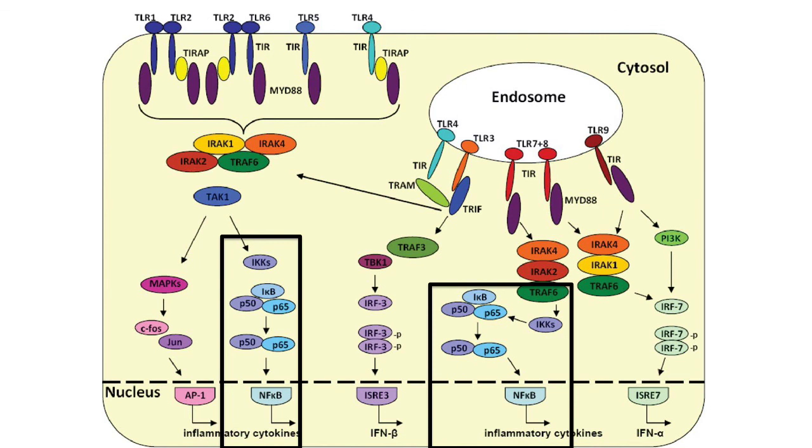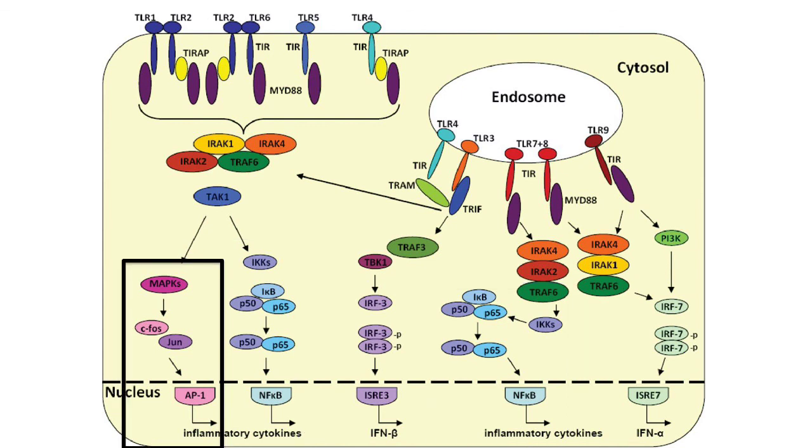This allows NF-kappa B to become free and enter the nucleus, where it is able to bind to the promoters of genes that code for inflammatory cytokines. Additionally, we can have MAP kinases that get activated due to TLR signaling, which result in the subsequent activation of the transcription factor AP1. AP1 is also able to induce the transcription of inflammatory cytokines.